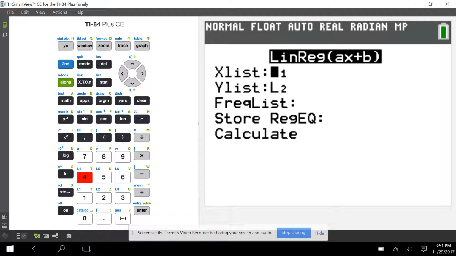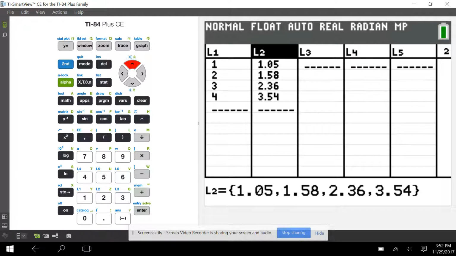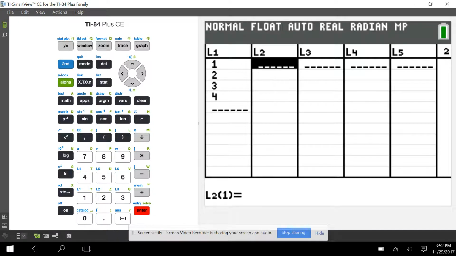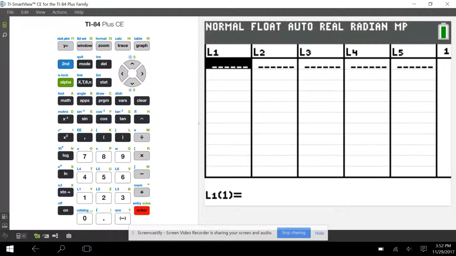Okay, so for number 1, I'm going to go to my stat edit. Remember how to clear that out. I go up to the top and I hit clear, enter. I go over this way to the top and I hit clear, enter.